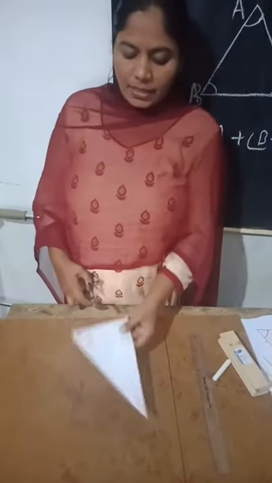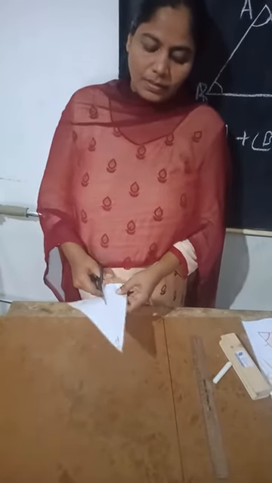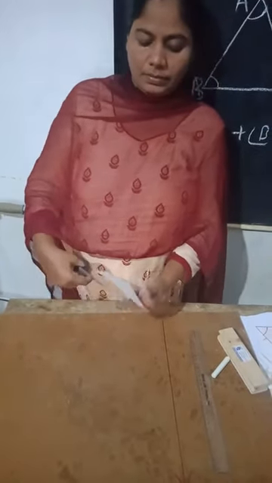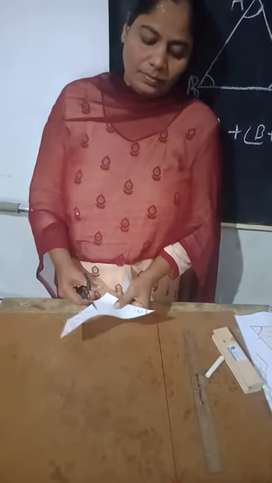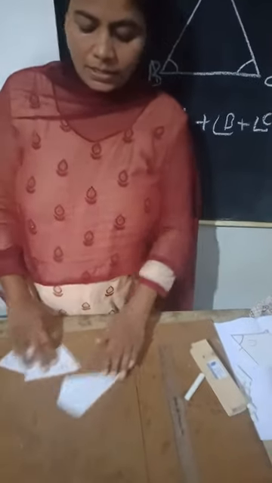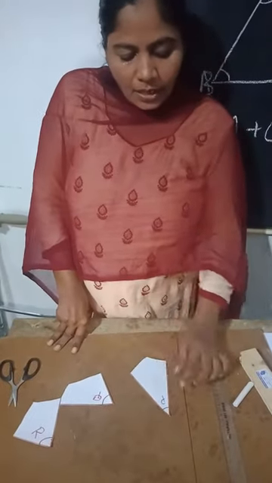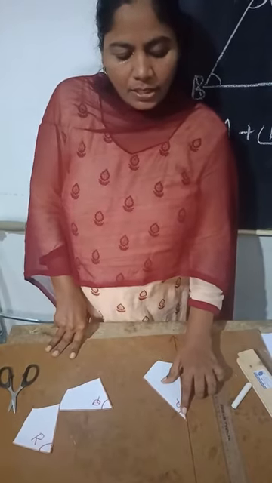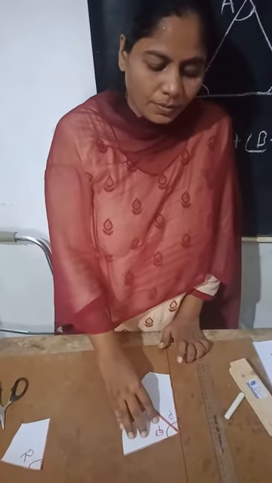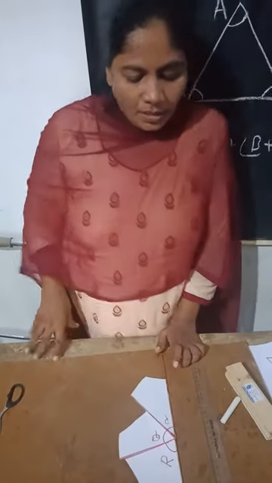This is the triangle PQR. Separate these three angles. This is angle P, this is angle Q, this is angle R. Next, we join these three angles on the straight line: P, Q, R. What do we form?